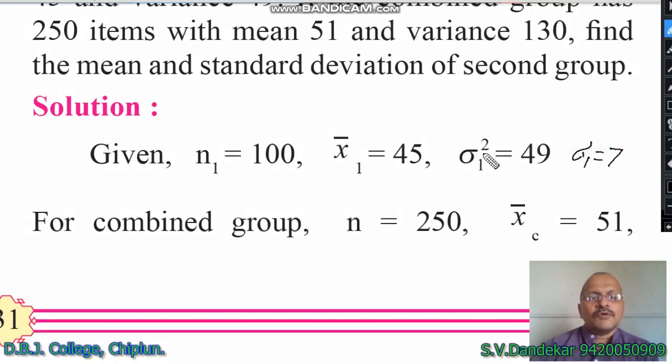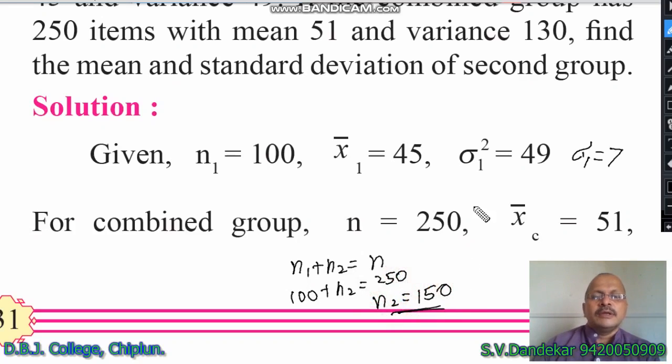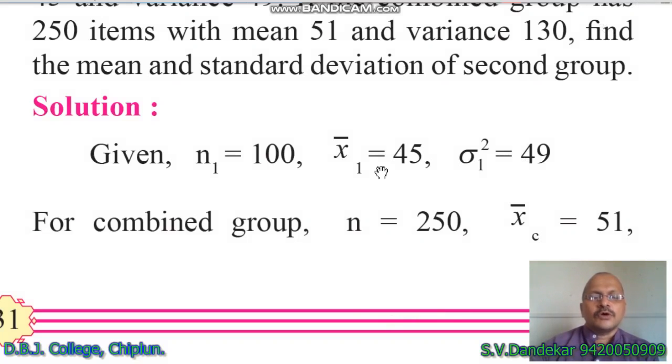And also for the combined data, n is equal to 250 and xc bar is equal to 51. Now we know that n1 plus n2 is equal to n, and therefore 100 plus n2 is equal to 250. This implies n2 is equal to 150. Let us see the same.